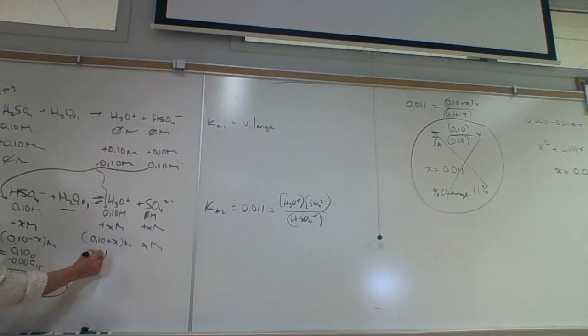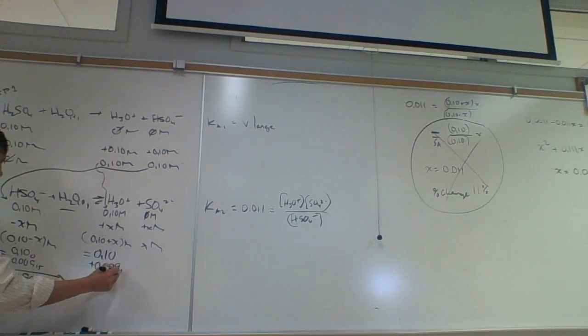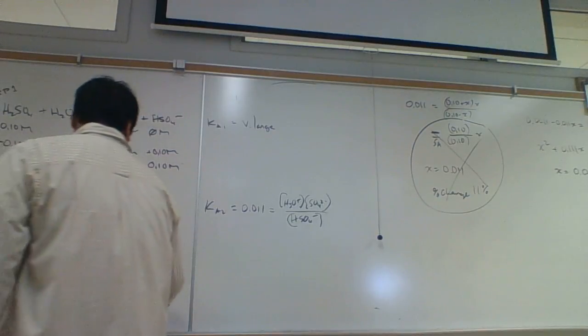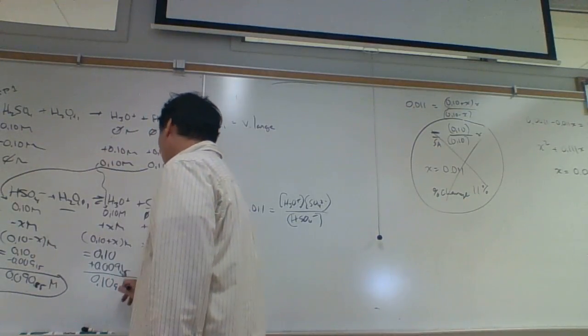So if I go 0.10, this is the amount of hydronium I got from step 1. And then I'm going to add to it the amount of hydronium I have from step 2. I'm going to get 0.10915 molar.